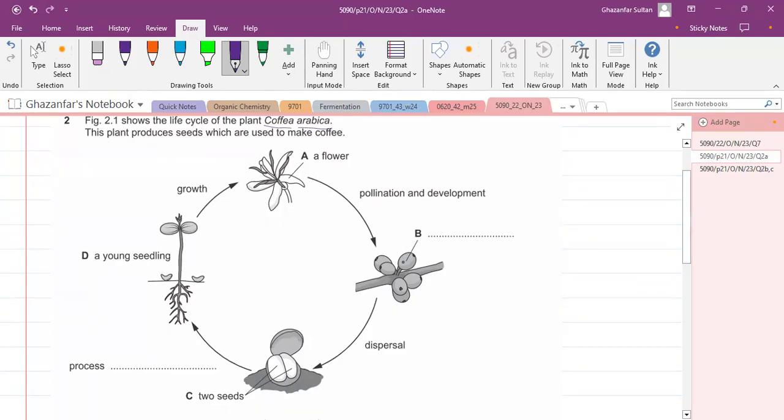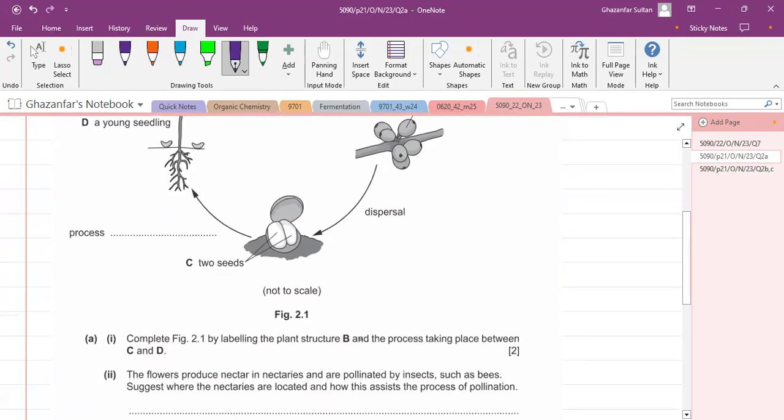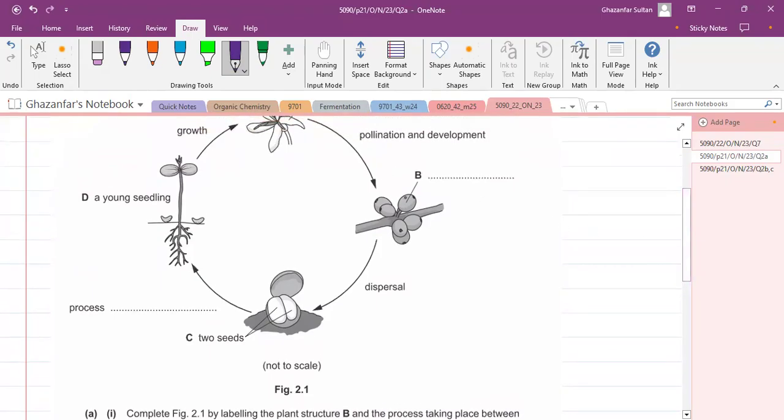And after pollination, fruits develop, and then seed is developed within the fruit. So now see, complete figure 2.1 by labeling the plant structure B and the process taking place between C and D. So B, as I told you, is the fruit.